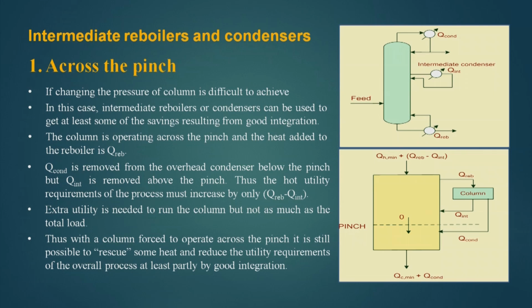So, partial saving is done. Extra utility is needed to run the column, but not so much as the total load. This we have seen. Thus, with a column forced to operate across the pinch, it is still possible to rescue some heat and reduce the utility requirements of the overall process, at least partly, by good integration.